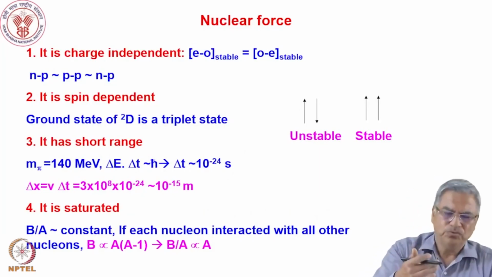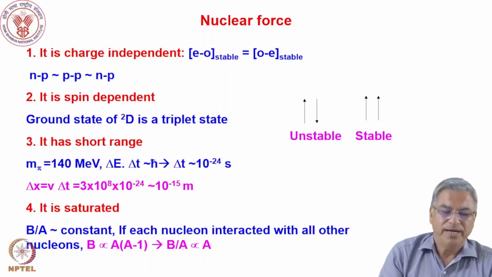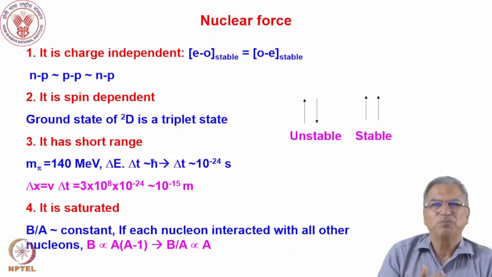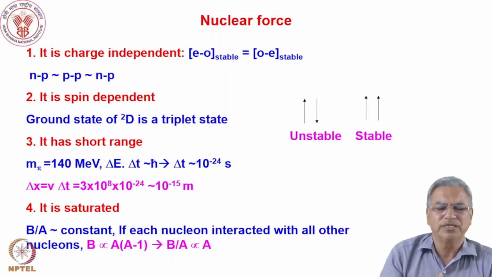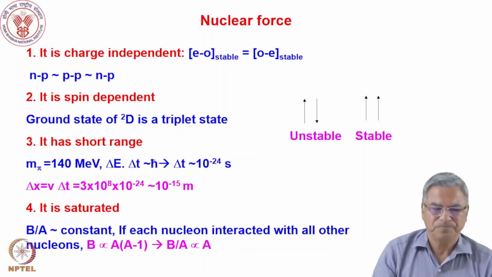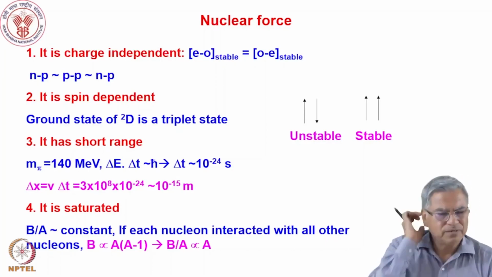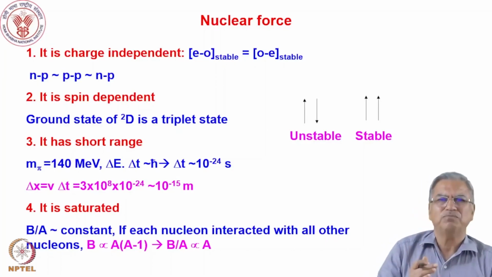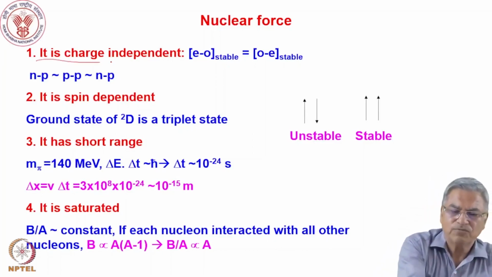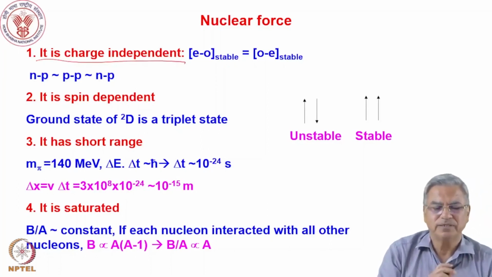So to list the different properties of this nuclear force, and later on we will see how, when we make a model to explain the different properties of the nucleus, these nuclear force properties will become useful. What we found out from the previous discussion about the frequency of stable nuclei is that the nuclear force is charge independent. How do we say that?